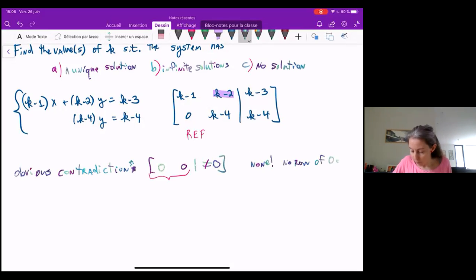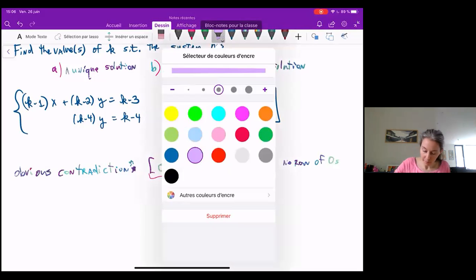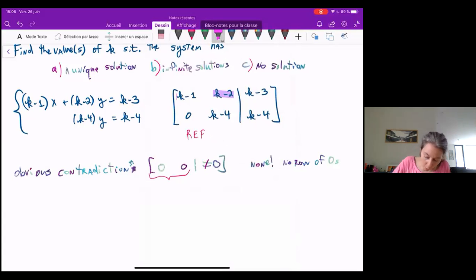Then the next thing we do is we say the only time I could possibly have infinite solutions or no solution is when I don't have a pivot in every column, once we've gotten rid of the obvious contradictions. So we look at the places where k shows up in a pivot position, and we plug those values into the matrix to see what happens.